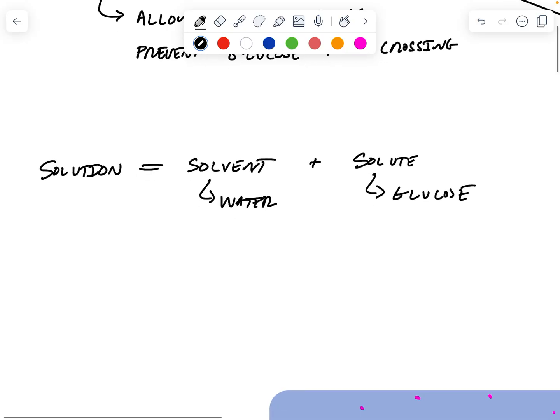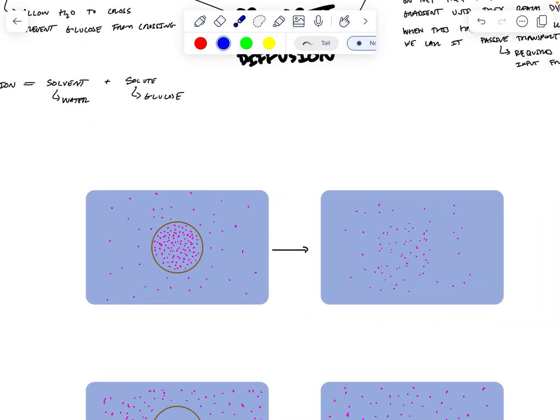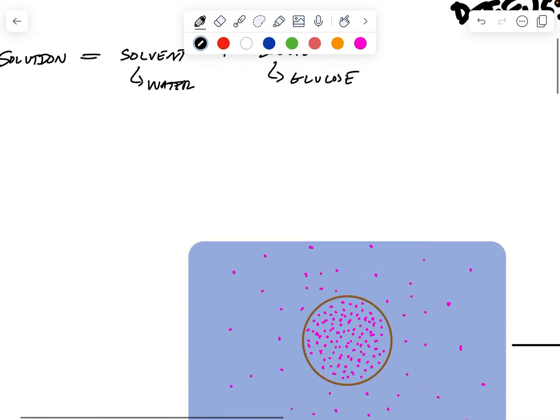So we're going to be looking at a couple of different situations: what happens when the solution on the inside of a cell is different from the solution on the outside of the cell. Okay, we've got our first situation. Quick key, I know this didn't show up very well in your diagram, but these pink dots are glucose, and the blue highlight is water.